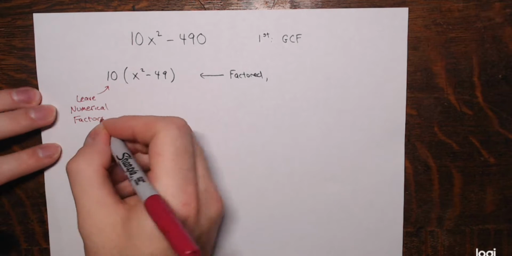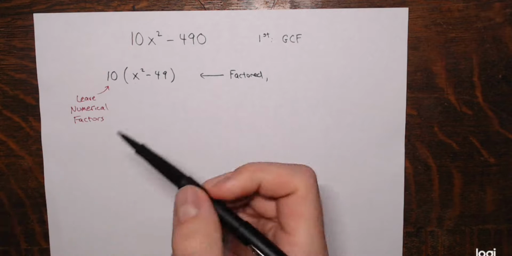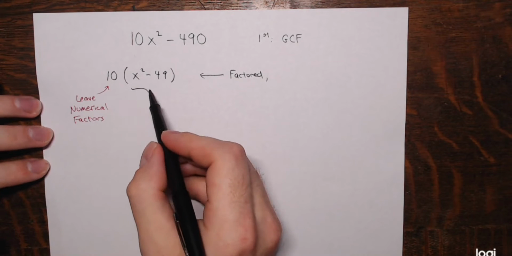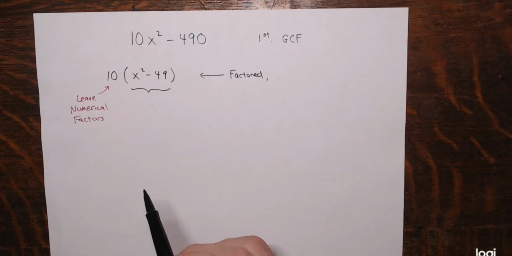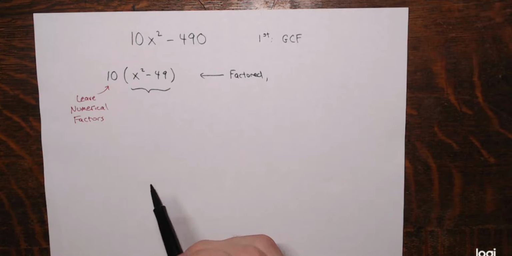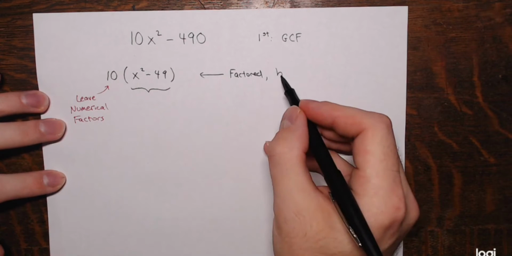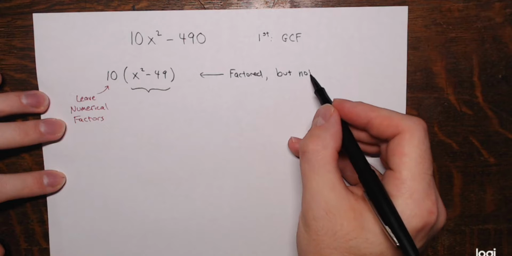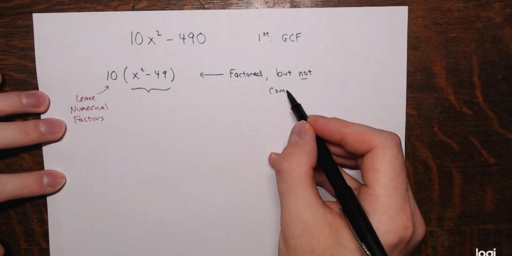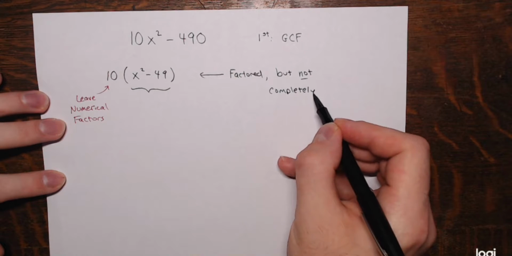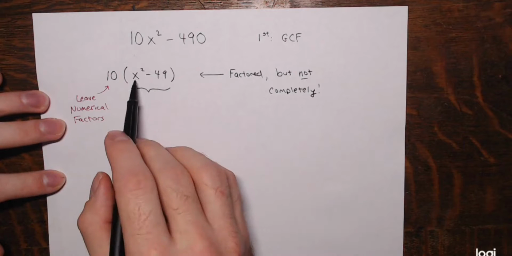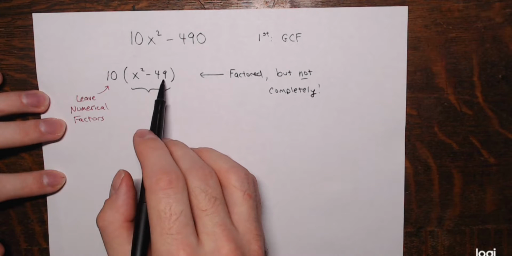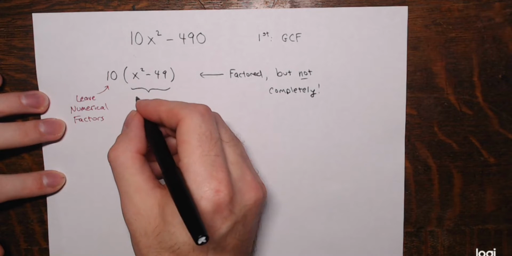It's the other ones with the variables, the factors of the variables, that you got to check. So this is factored, but not completely. They did ask us to factor completely. And it's not factored completely because this x squared minus 49 factor can be factored further. This is actually one of those difference of squares.